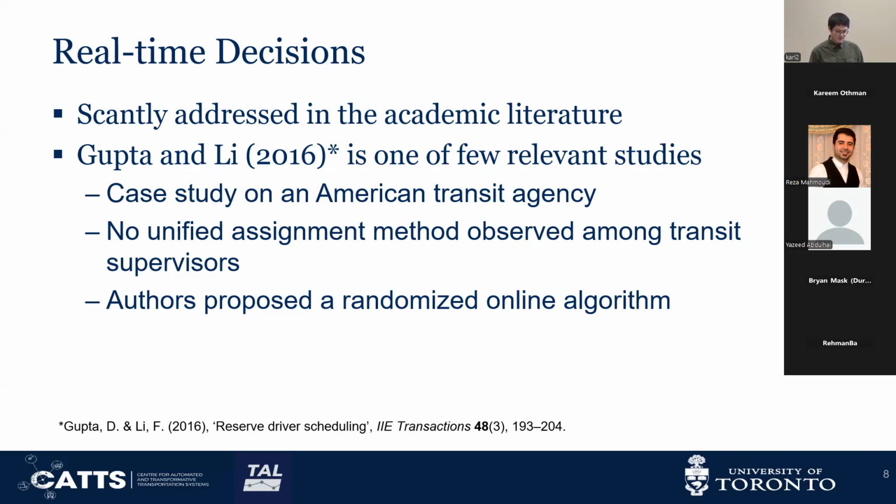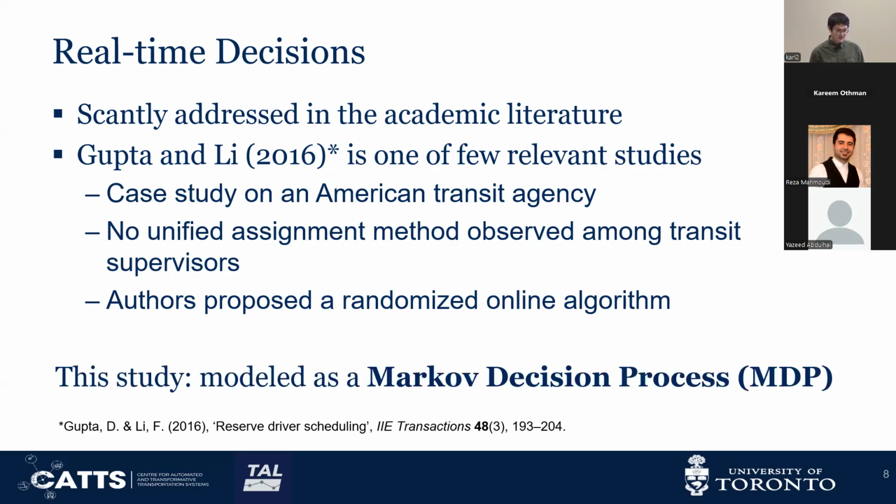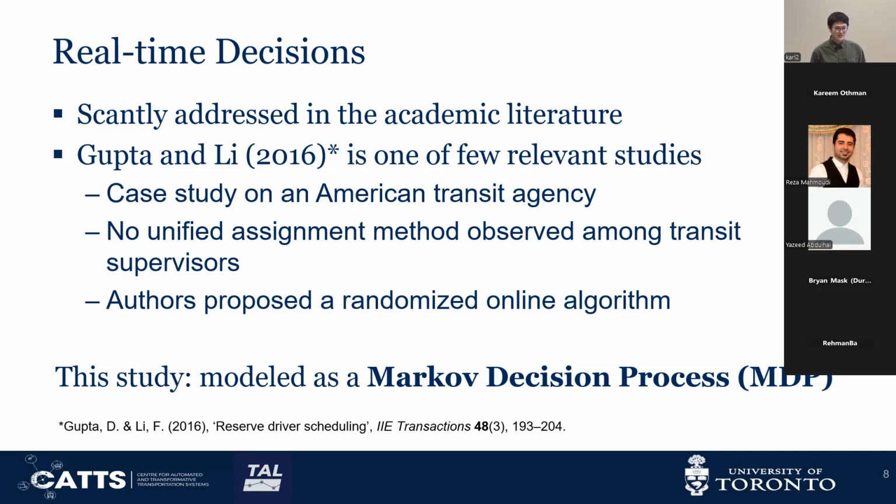That goes to show how there's really no unified method in doing this. The authors there proposed a randomized online algorithm for these decisions. And in this study, we propose to model the real-time problem as a Markov decision process, or MDP in short. This is designed to capture the sequential nature of the problem.